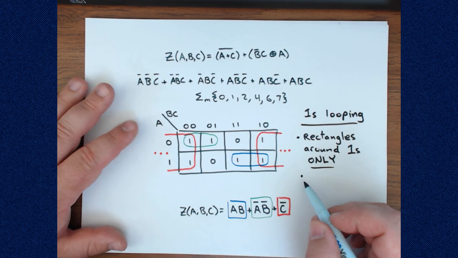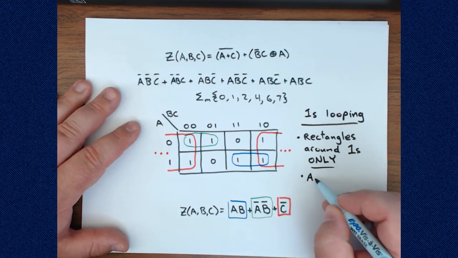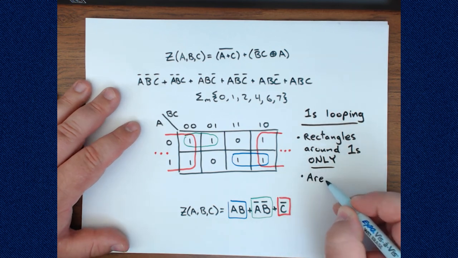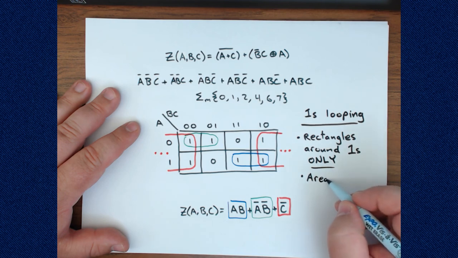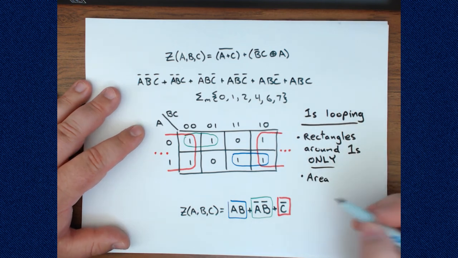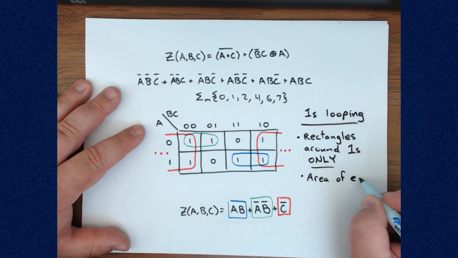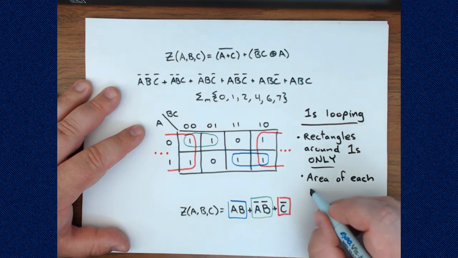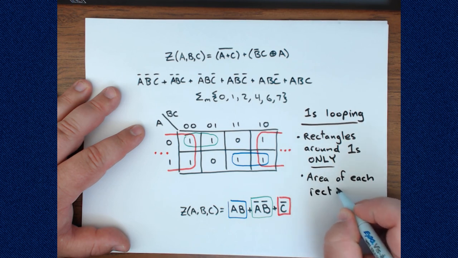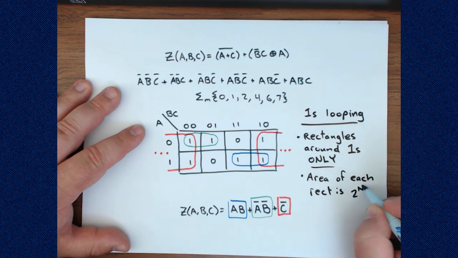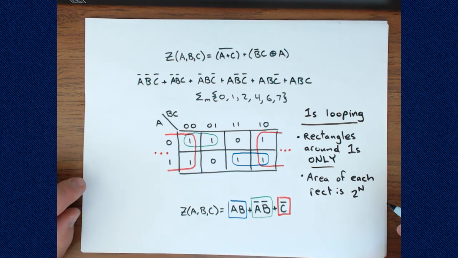The second rule is that the area, at least for our 2 to 4 variable functions, for more we would go into hyperdimensions, and so it would really be a volume, the area of each rectangle needs to be some integer power of 2.